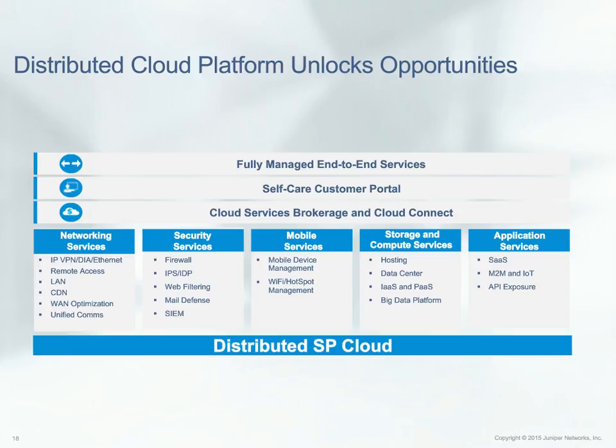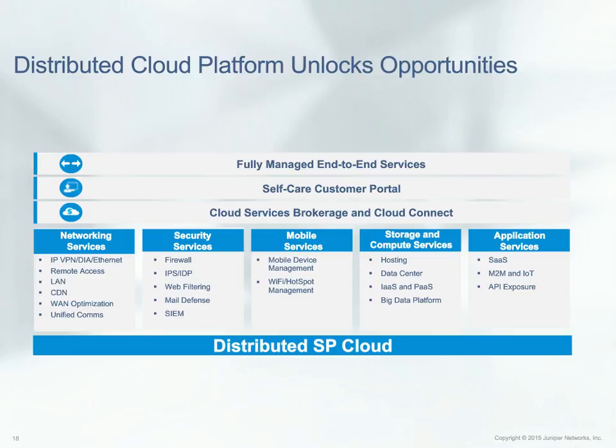We've defined that distributed service provider cloud: data center, regional COs to POPs to now even the customer premise. The entire network spectrum is your cloud now. It's really defined as a way to deliver these services in a centrally orchestrated way.